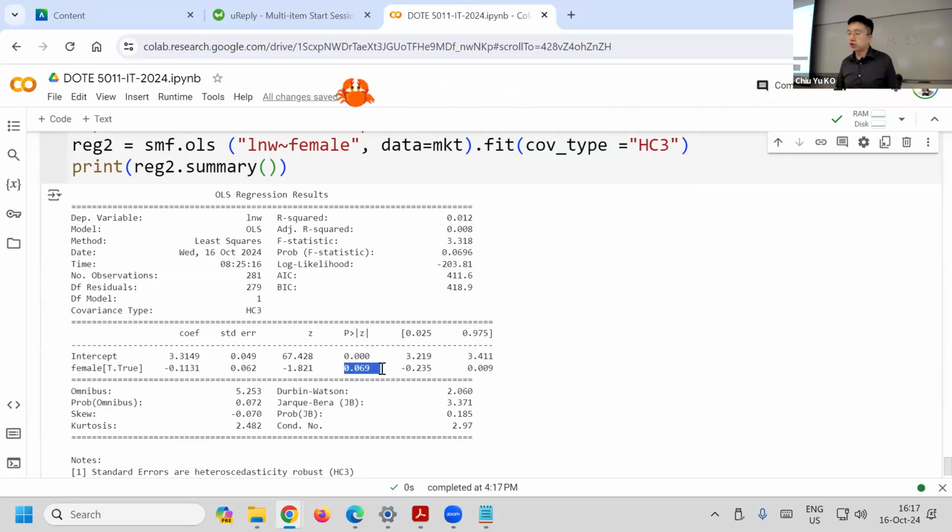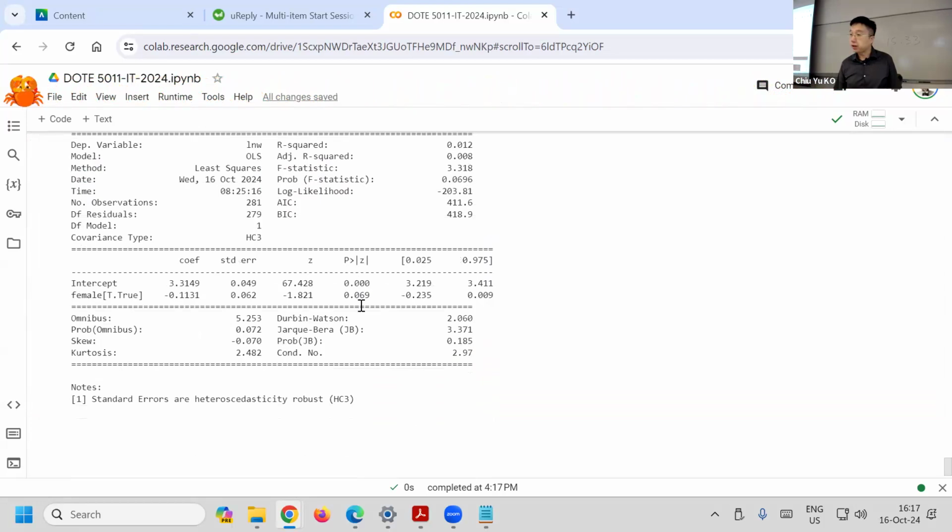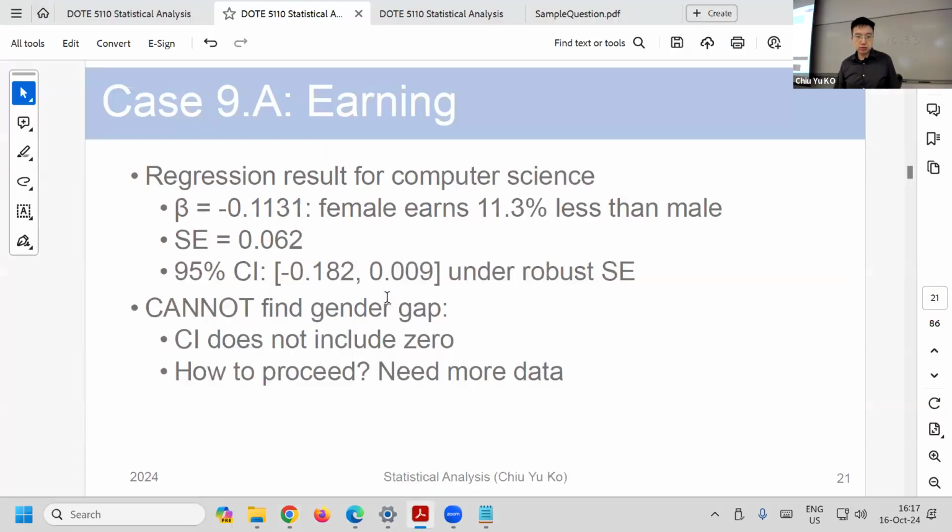So there is no wage gap. But in computer science, men actually earn more than women. Is it clear what we have done? You can see the confidence interval includes 0, so you can't really reject the idea that the effect is actually 0.